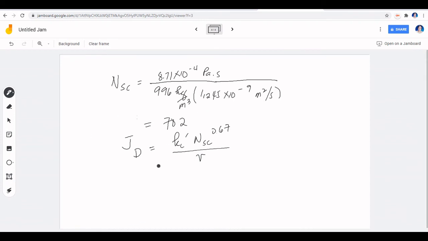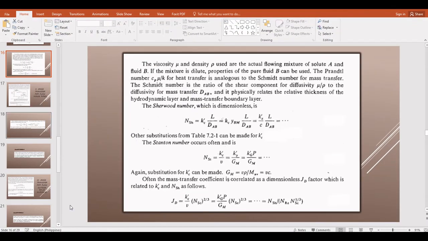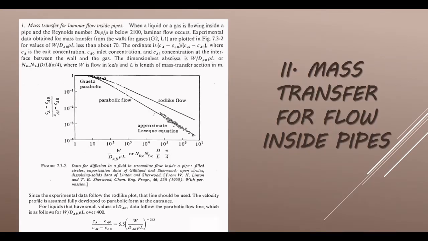If you recall our initial discussion on mass transfer coefficients in various geometries, we started with the dimensionless numbers that were used to correlate data. So I'd like to go back to that part in our slide, the part which talks about the dimensionless numbers.